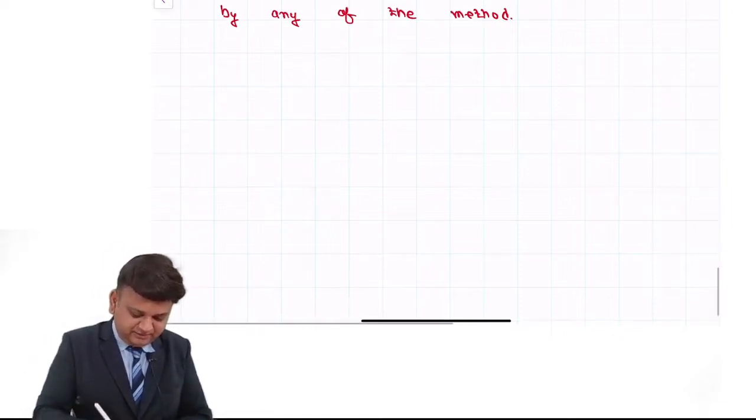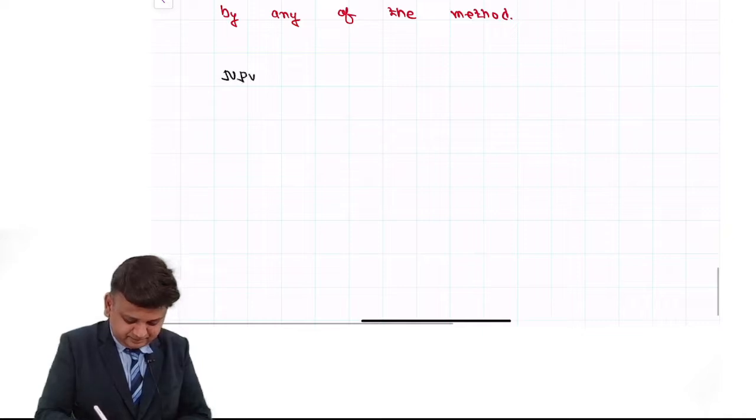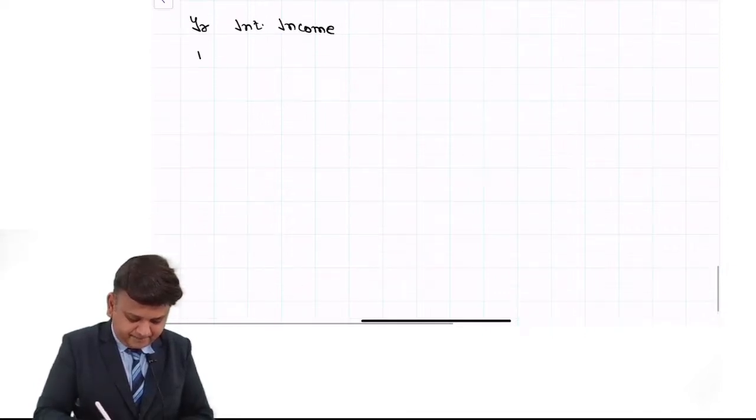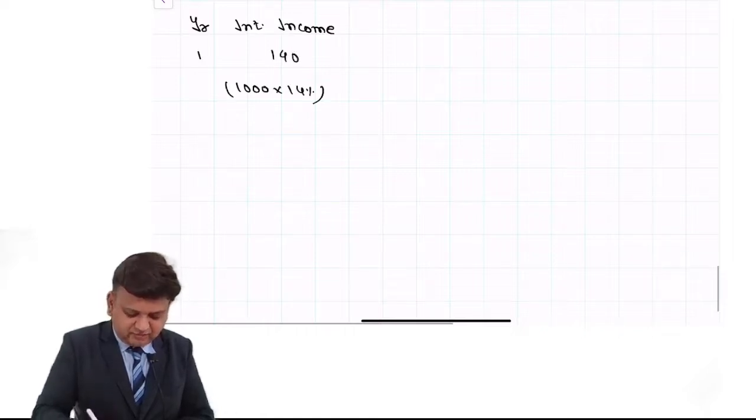Write an answer. NPV. Year 1 interest income, so it is 1000 into 14%, 140.